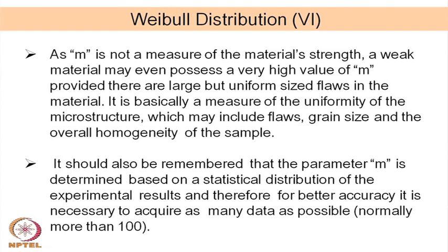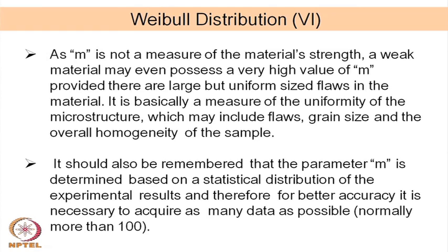So, a weak material may even possess a very high value of m, provided there are large but uniform size flaws in the material. It is basically a measure of the uniformity of the microstructure, which may include flaws, grain size, and the overall homogeneity of the sample. So, it is the reliability or the reproducibility of the measurements which actually gives you a higher value of modulus.